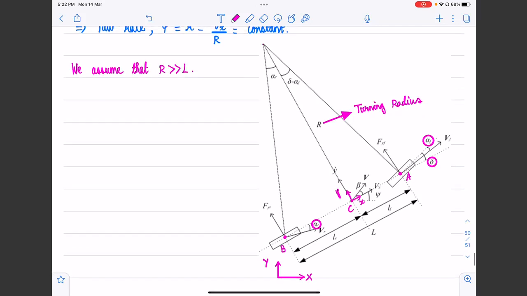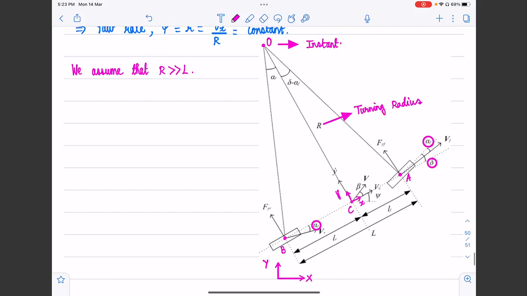Let us say the point of intersection of these line segments is the instantaneous center of turn, which we represent by the point O. The length of the line segment from O to C is the turning radius. We are familiar with all this notation by now. FyF and FyR are the lateral forces at the front and the rear tire-road interfaces respectively.